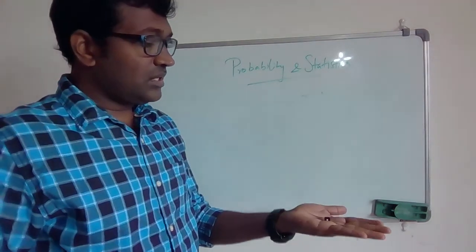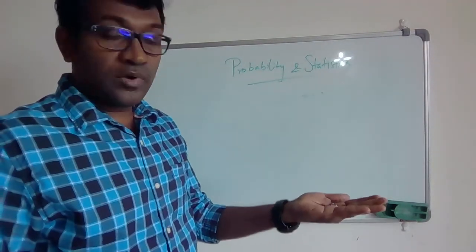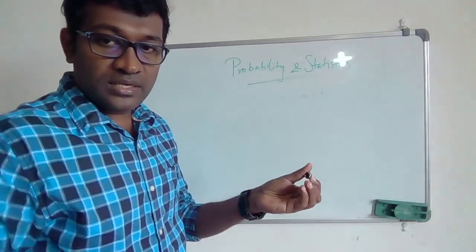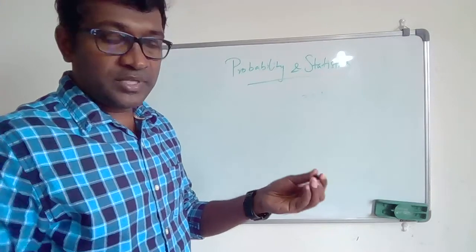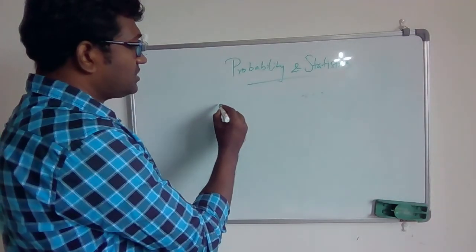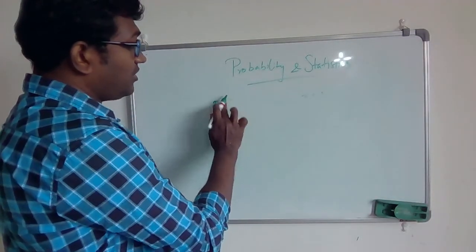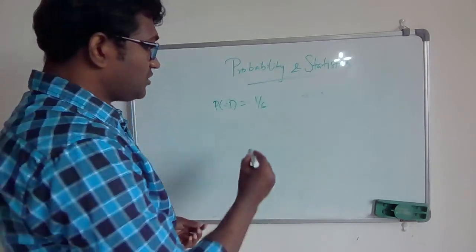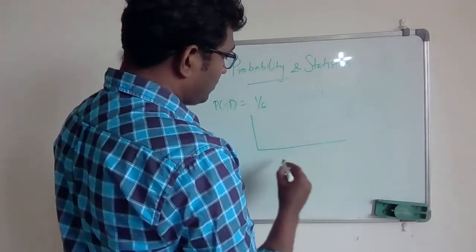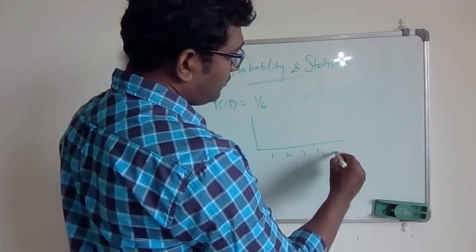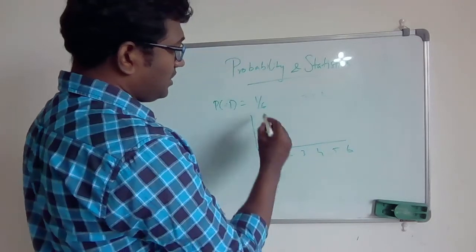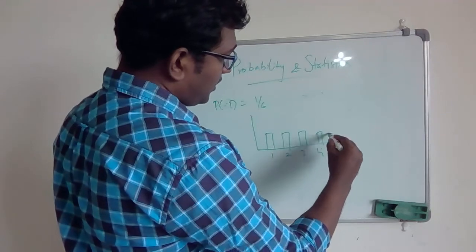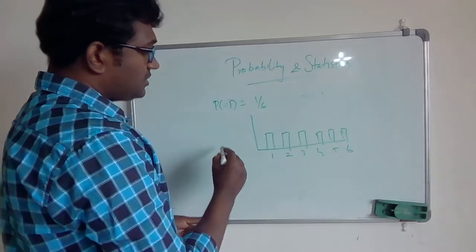In this case, I told you the probability of any number coming up when rolling a die is 1/6. So the probability of getting 1 is 1/6, 2 is 1/6, 3 is 1/6. If you try to plot the probability of getting 1, 2, 3, 4, 5, and 6, it is all 1/6.